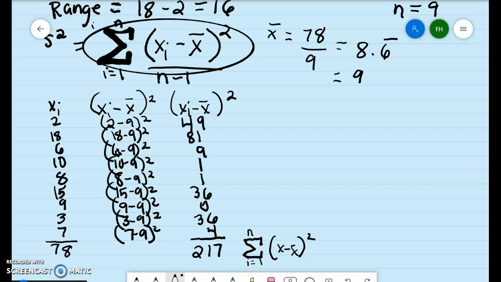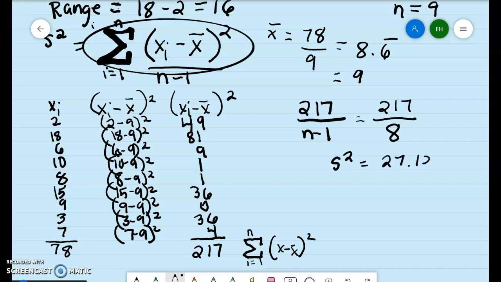So now we have done all of the top of the formula, and we need to take the 217 and divide it by n minus 1. So 217 divided by 9 minus 1, because n is 9, would be 8. So now divide 217 by 8, and our variance is 27, and it comes out 0.125.